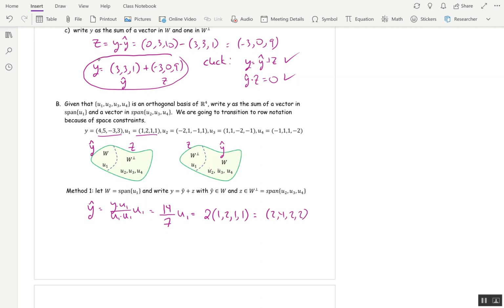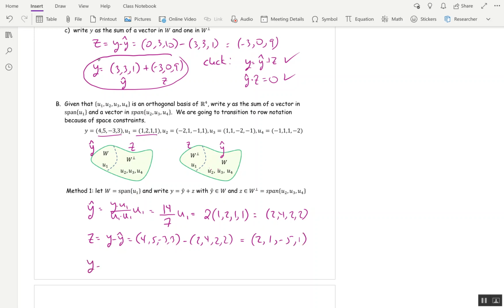All right, and then Z is just the difference, Y minus Y hat, which is, Y is 4, 5, negative 3, 3, and I want to subtract off 2, 4, 2, 2. And that gives me 2, 1, negative 5, 1.